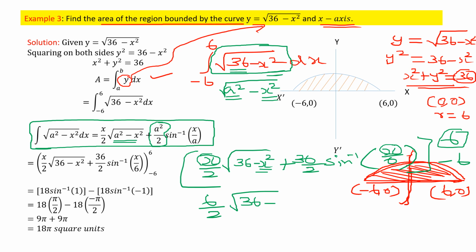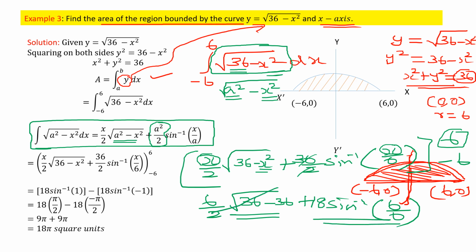So x power 2 means 6 power 2, which is 36, plus 36 divided by 2, that will give you 18 sine inverse of x by 6, that is 6 by 6. So this first part of the value is going to be 0 because we have square root of 36 minus 36. So let me rule out this. We have remaining this one, 18 sine inverse of 6 by 6. What is 6 by 6?